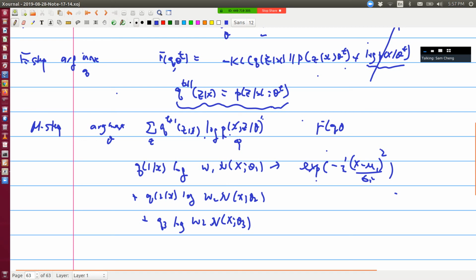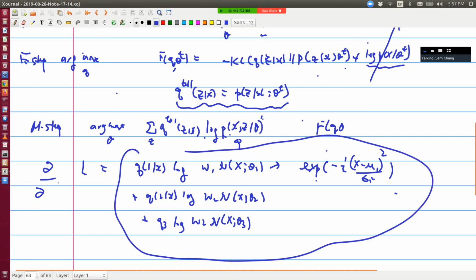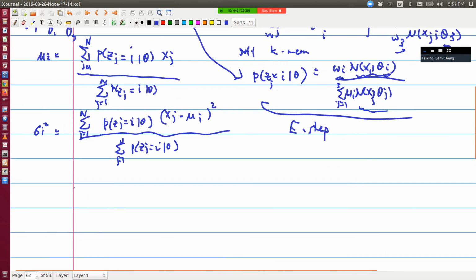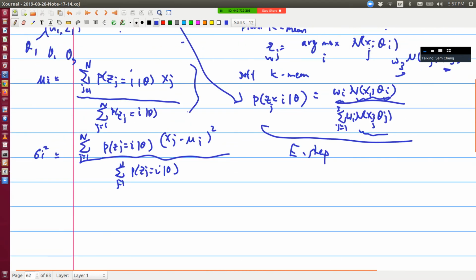Now I won't go into it because we're running out of time, but you can do it as an exercise. If you take the partial derivative of this objective function with respect to mu, for example mu 1, and set it to 0, then when you compute that, it should give you back these equations here.